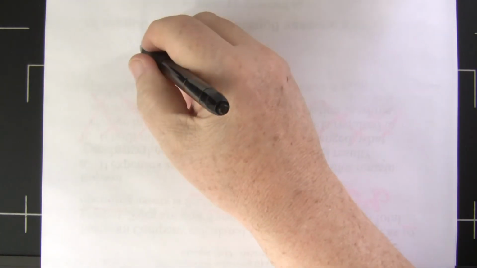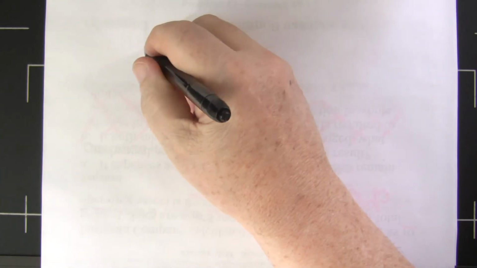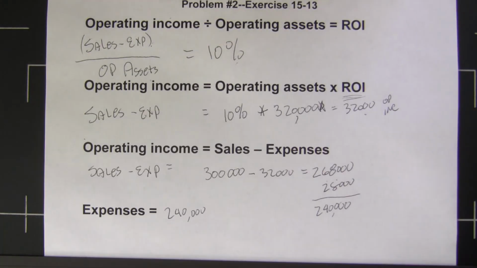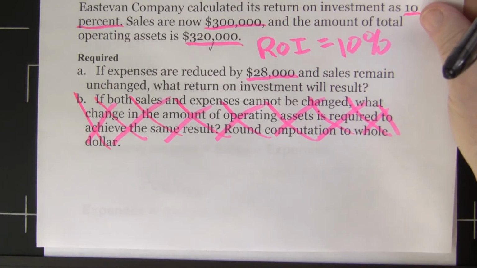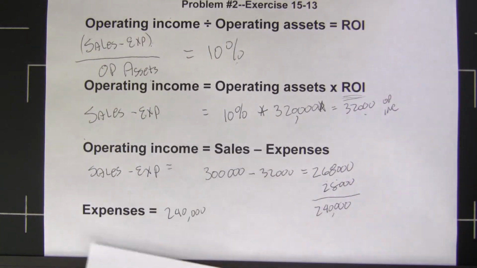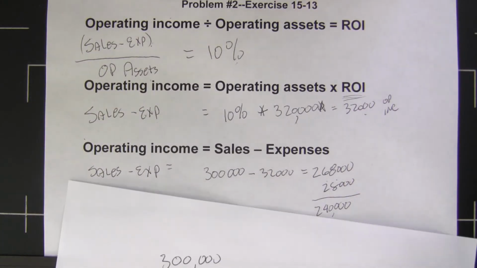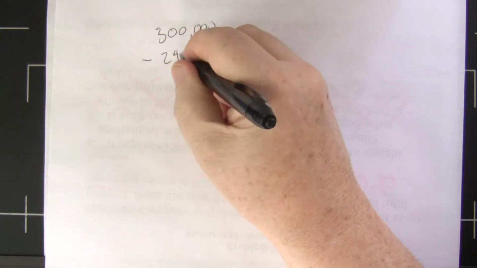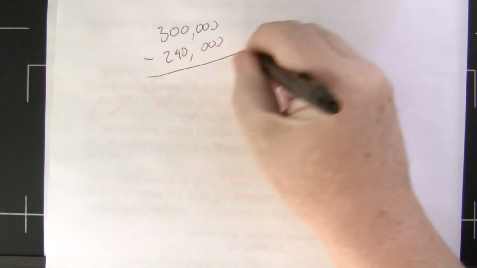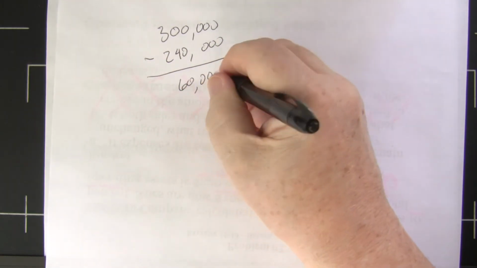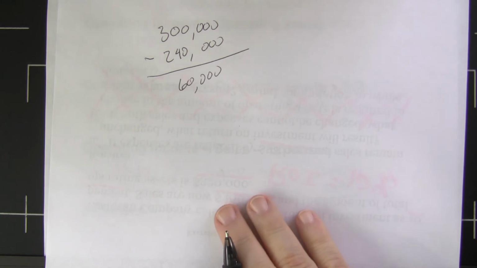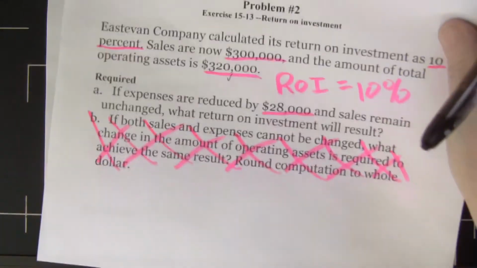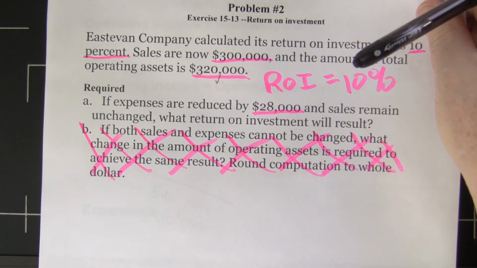Our sales stay at 300 because they tell us that the sales stay at 300. Our new expenses go to 240 from 268. That gives us $60,000. And we divide that by our operating assets, again 320,000.